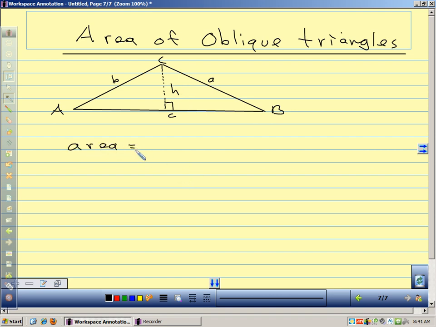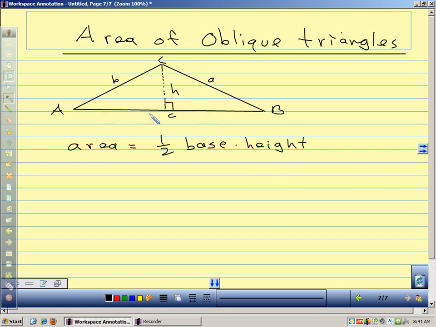So the area of this triangle, how do we find the area of a triangle? Base times height divided by 2, 1/2 base times height. So the area is 1/2 base times height.